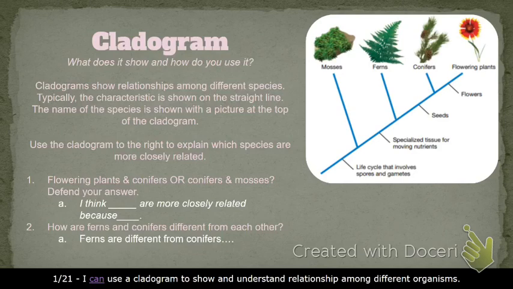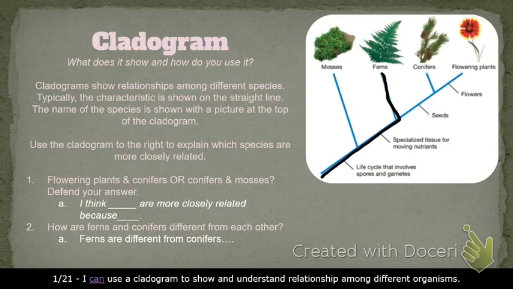Think of it like a family tree: the longer it takes you to connect branches on a family tree, the more distant that person is. In the same way here, we have flowering plants. If you were to follow ferns back, you've got this line right here.